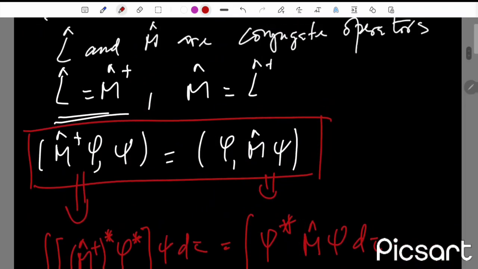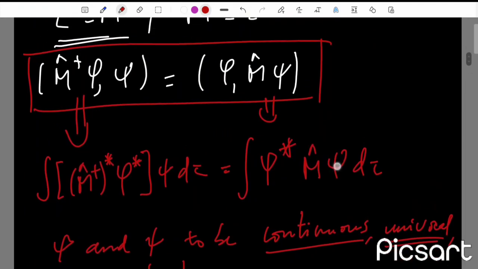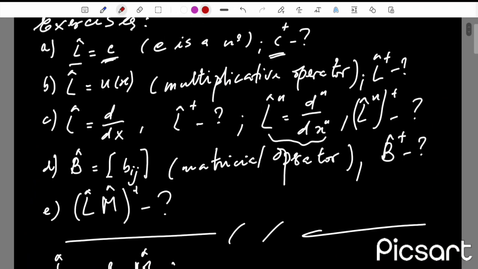Okay, this is the definition of two conjugate operators, and now we will try to learn how we can obtain the conjugate operator of any operator.